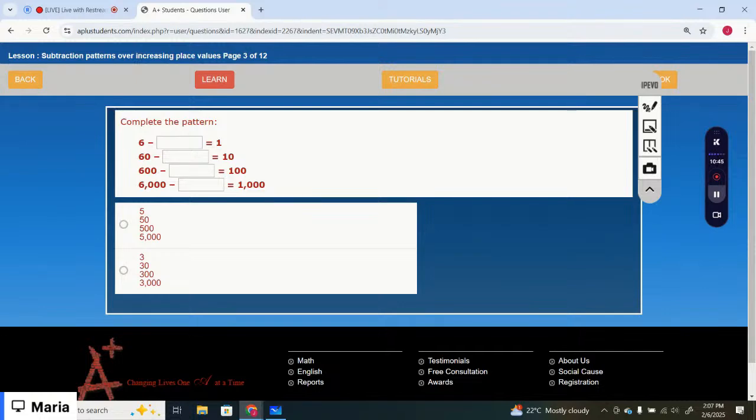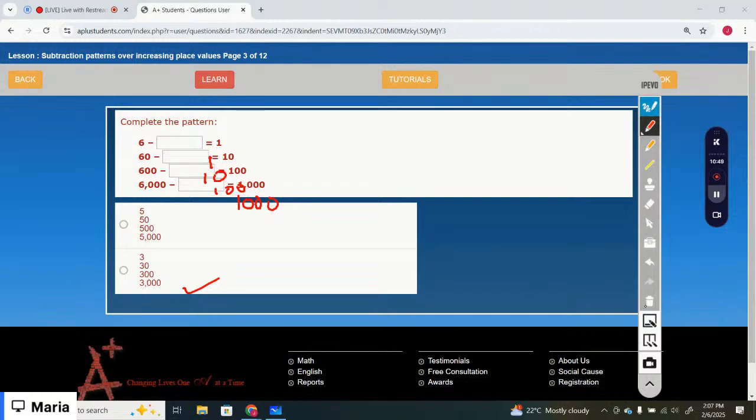That is 6 minus 5 is 1. 60 minus 50 is 10. 600 minus 500 is 100 and 6,000 minus 5,000 is 1,000. Option number 1 is the correct option.